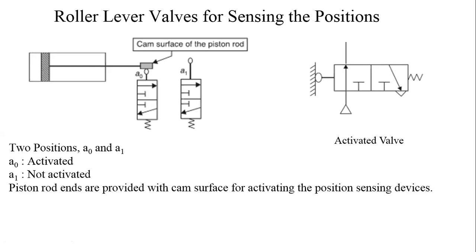That is what is sensed. Now in the circuit diagrams also, you should show it very precisely this way. If there are different roller lever valves, which roller lever valve is activated is shown with the help of such a symbol. If there are two roller lever valves, which one is activated in the circuit diagram that you have presently drawn is shown like this.